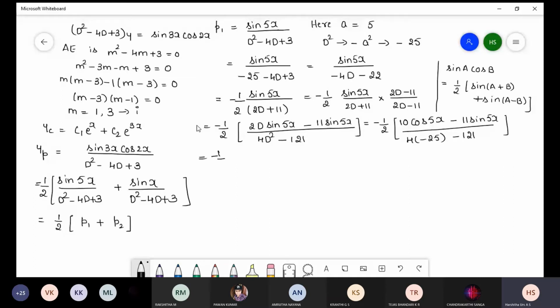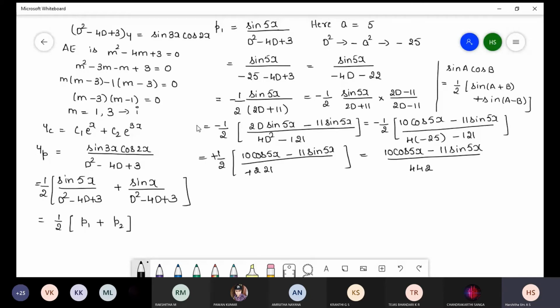So minus 1 by 2, 10 cos 5x minus 11 sin 5x, divided by minus 221. Minus minus will become plus. So finally 10 cos 5x minus 11 sin 5x divided by 442. This is the value of P1.